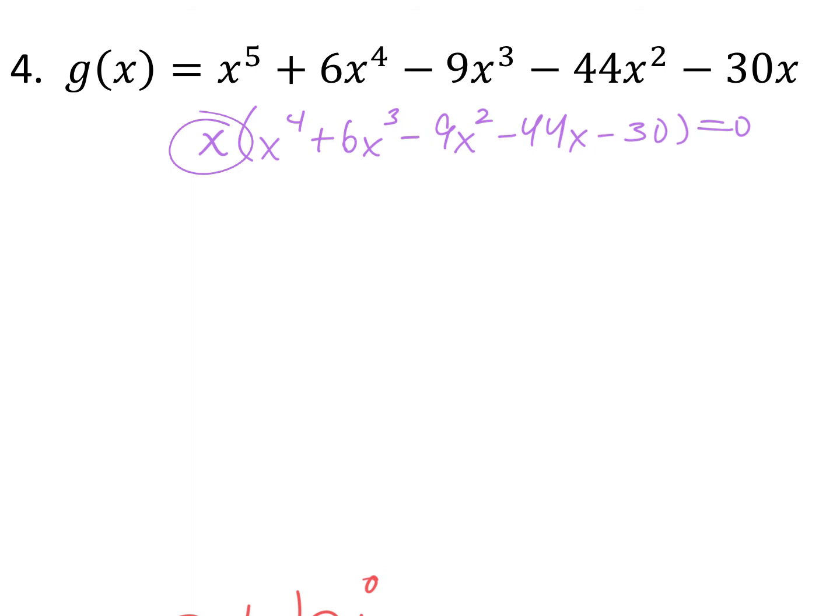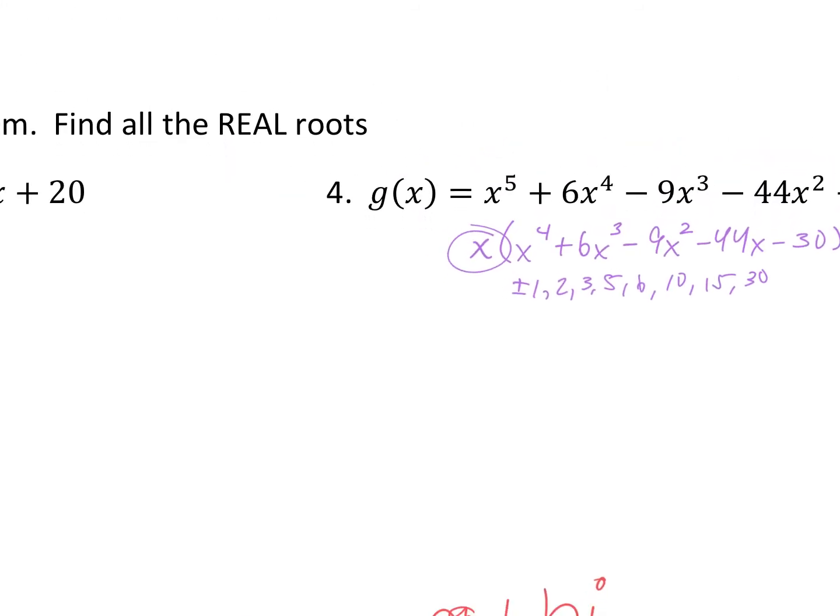So now, guys, we look and we say, okay, can we group it? Can we factor it? No, we can't. So we have to use our p over q, right? Plus or minus 1, 2, 3, 5, 6, 10, 15, and 30. Now that we have talked about complex numbers, guys, when it says to find all of the real roots, you see where it says real?